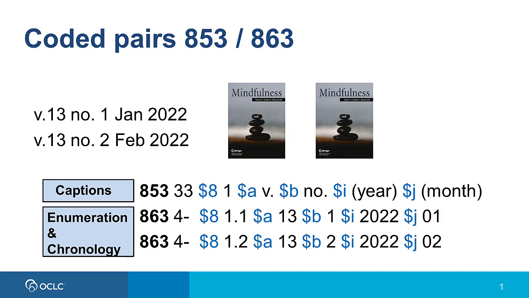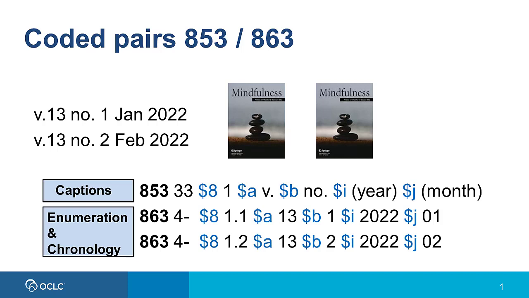These are two issues that I have here for a serial, volume 13, number 1 and 2, January and February 2022. The captions would be in the 853 field. You can see subfield 8 has a 1, my only caption field. Subfield A, I have the caption V period. Subfield B, I have the caption NO period.